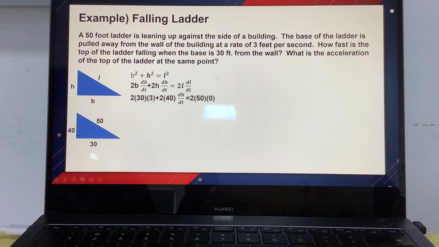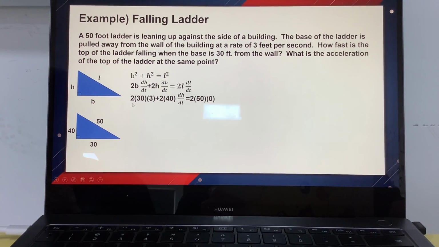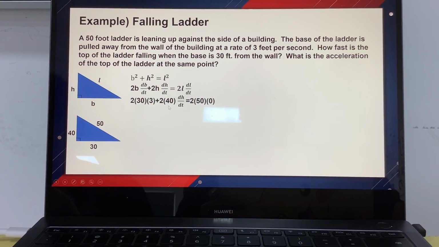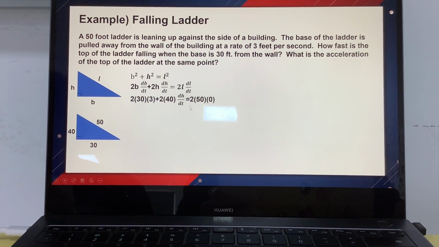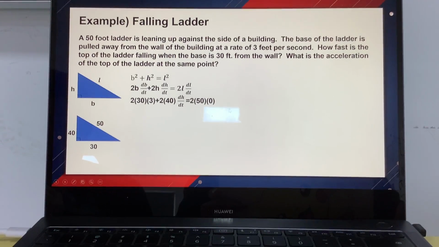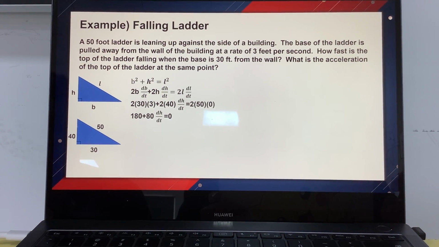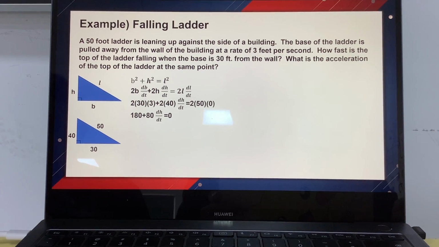So we just need to put b, h, and l into the equation. So we have 2 times 30 times 3 plus 2 times 40 dh over dt equals 2 times 50 times 0. So we have 180 plus 80 dh over dt equals 0.